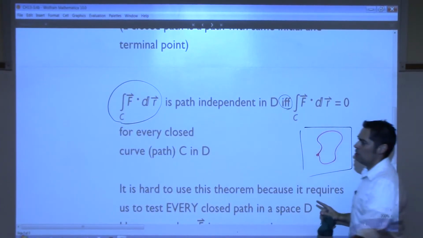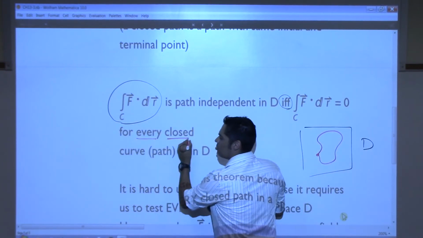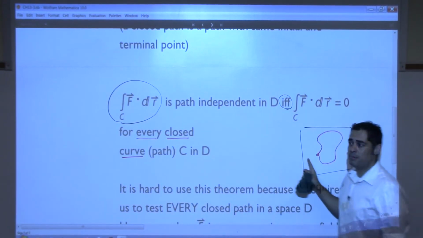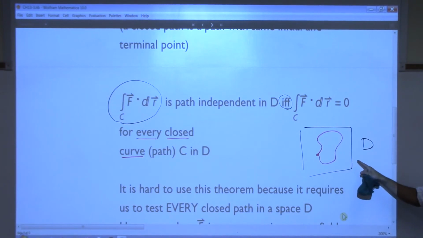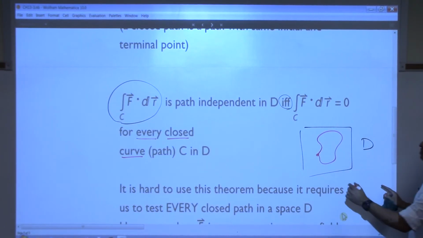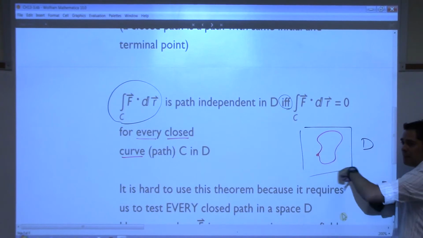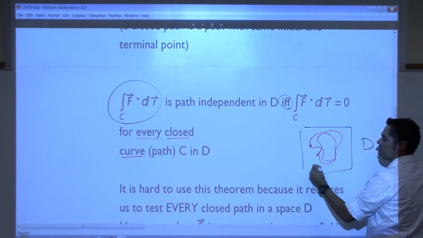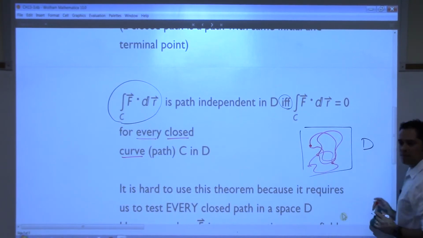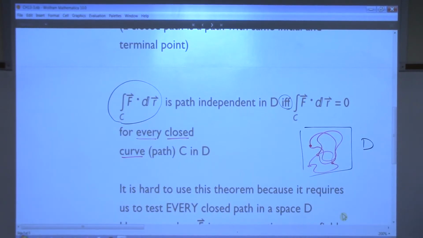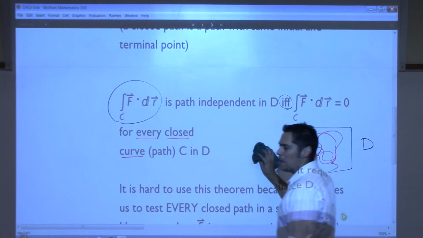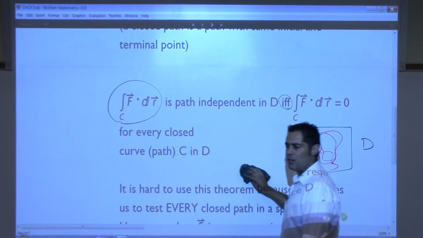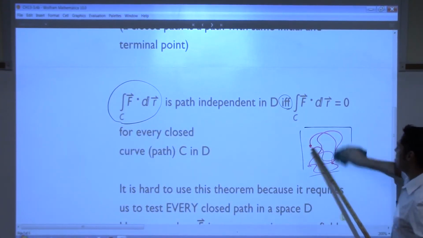This has to hold for every closed curve that I could possibly draw inside this space. Just because it holds for one curve does not mean it's path independent. It has to hold for every single closed curve that I could ever draw, and that's impossible for me to ever do, right? Go with me? So that theorem, although it's nice, does not help me because I'm never going to be able to check every curve inside of some domain.